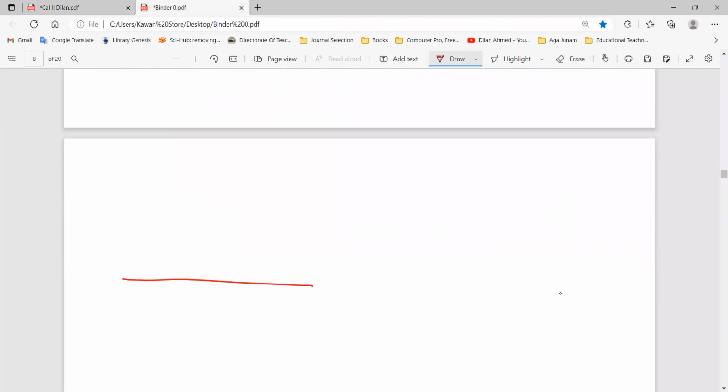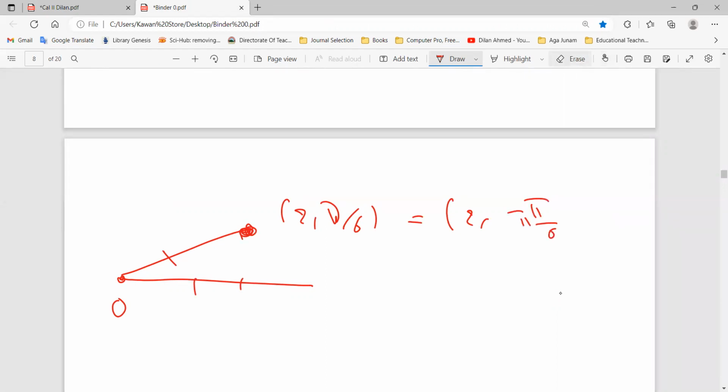My origin point is what? (2, pi over 6). Am I right? Now, in the first example, we said that 2 and minus 11 pi over 6 will give me what? The same point.